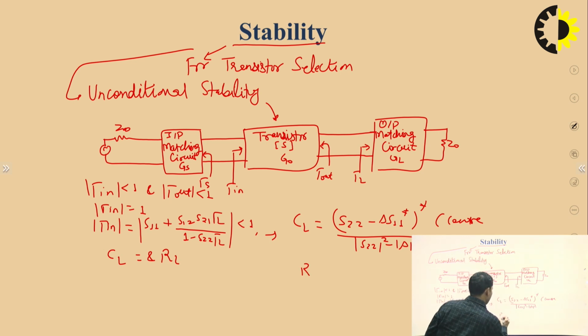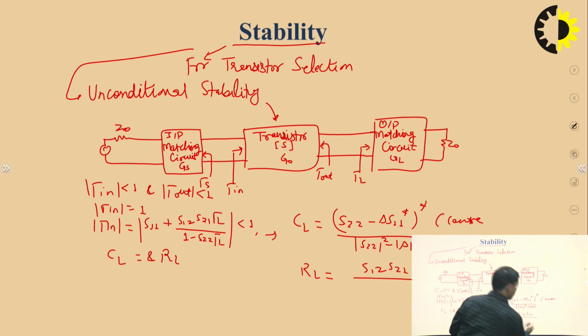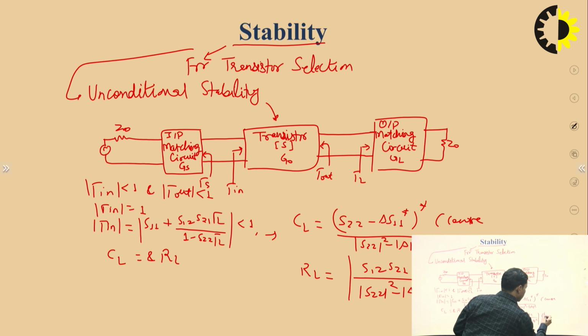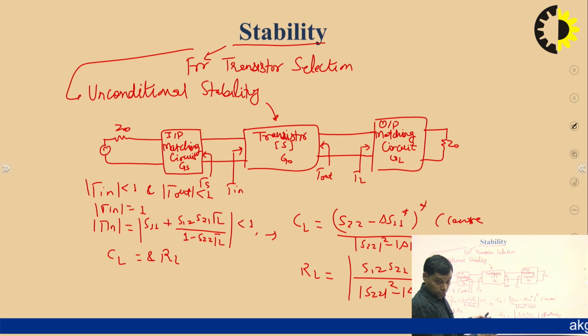RL means the radius at the load side, which is given by mod of S12 S21 divided by mod of S22 square minus mod del square, whole mod. So this will be the value of the radius for checking the stability condition.